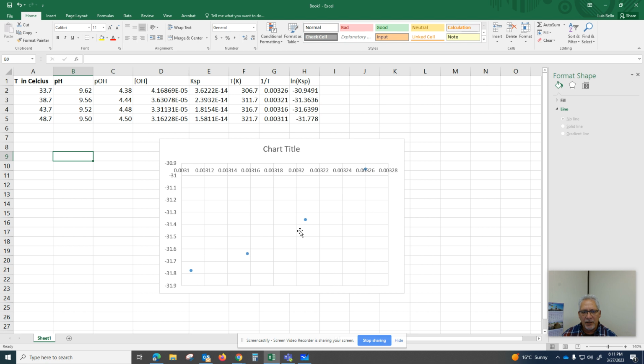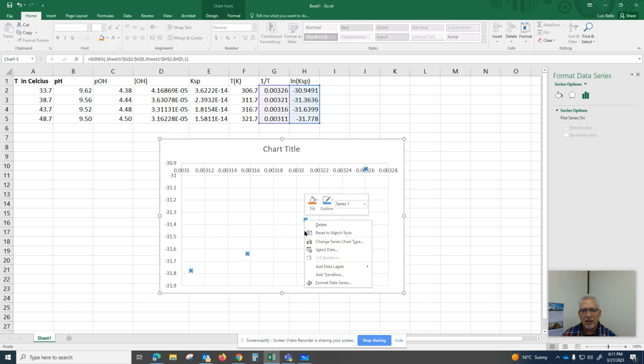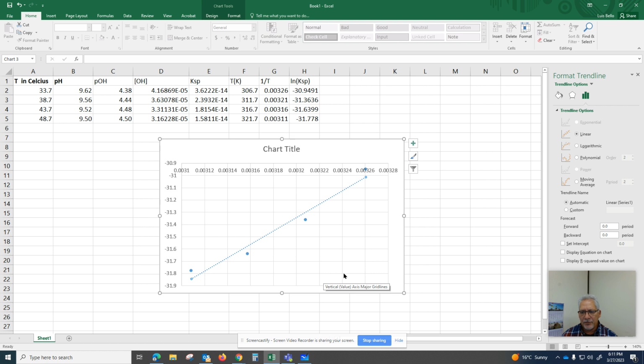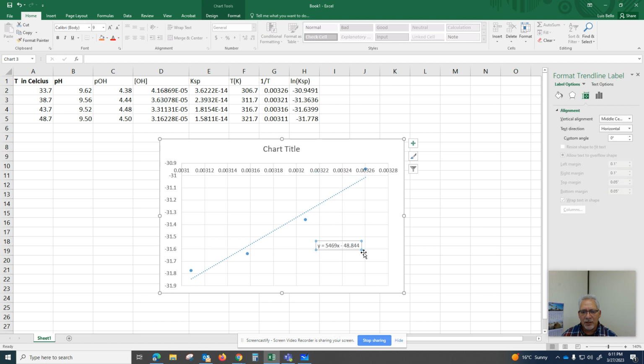Next thing will be finding the trend line. At the trend line, this is the one. And the next thing will be to display the equation. And here is my equation for the straight line, this one here. I want to make it bigger, this is my equation.